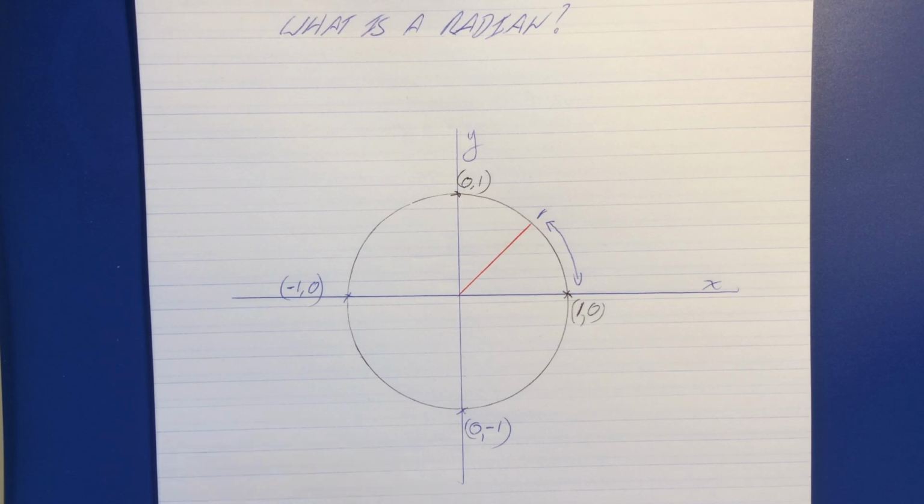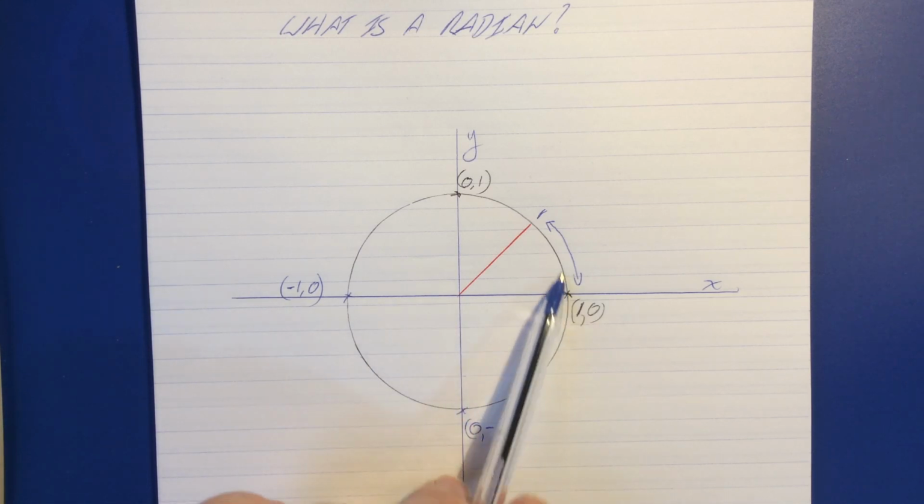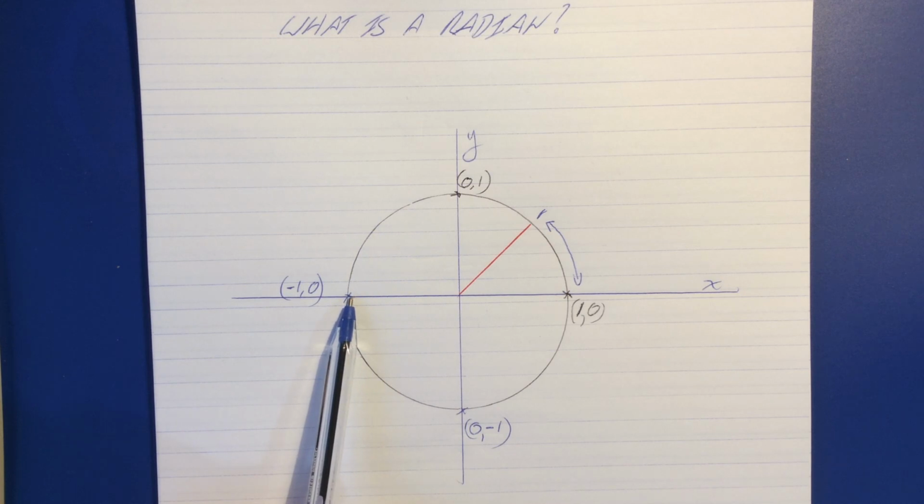It doesn't matter if it's 1 centimeter, 1 meter, 1 foot, or whatever. It's a unit. It's 1 unit, which is why it's called a unit circle. And each quadrant of this is 90 degrees, and so obviously from here around to here is 180 degrees, which will become important.